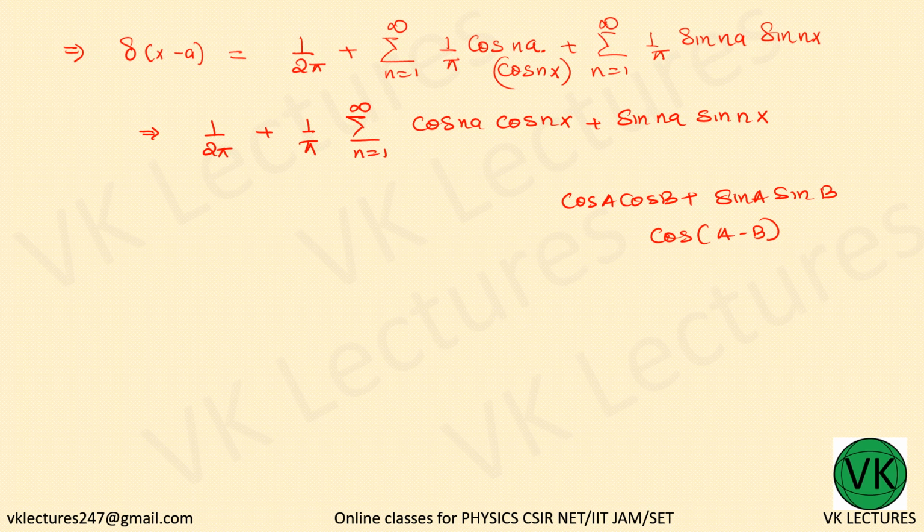So further, delta of x minus a equals 1 by 2 pi plus 1 by pi into sum over n equal to 1 to infinity cos of n into x minus a, or a minus x.